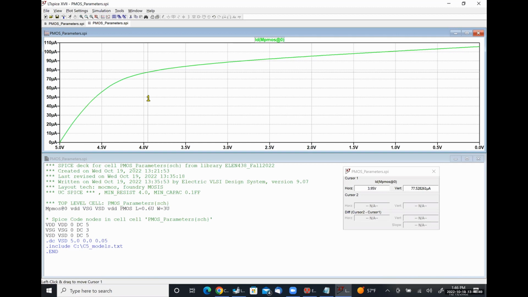We know that our drain current ID is 1/2 mu p Cox W over L times VSG minus the absolute value of VTHP quantity squared times 1 plus lambda VSD. So for this math, we're going to call W over L 30 because that's closer to what it actually was.